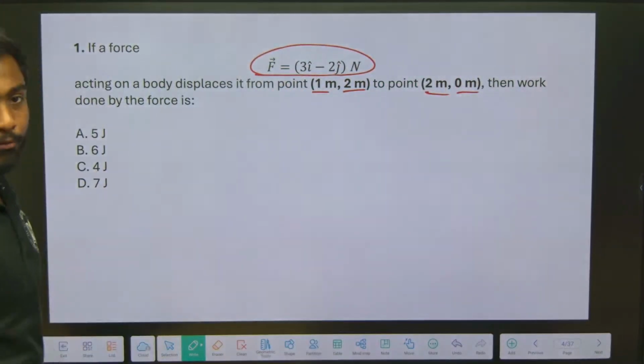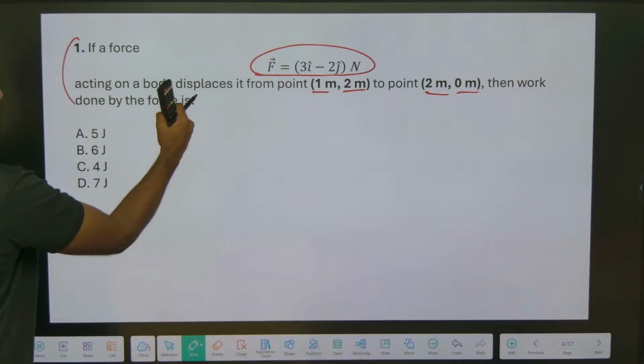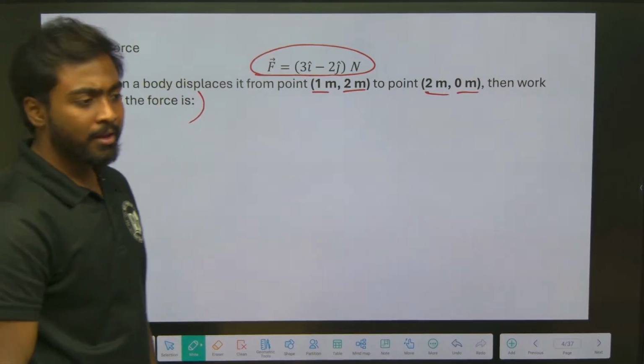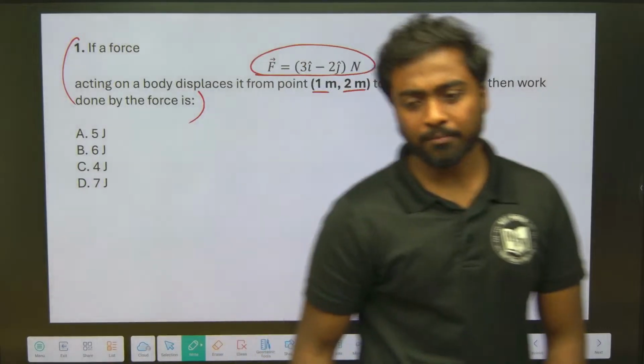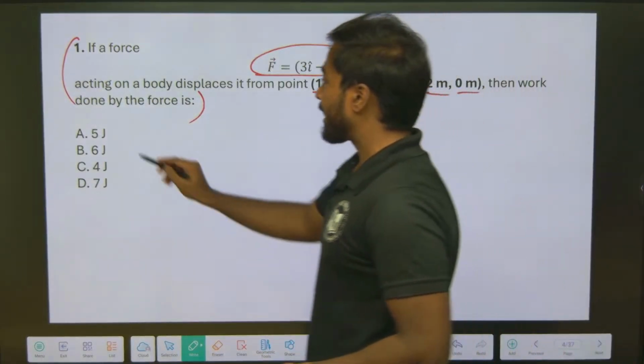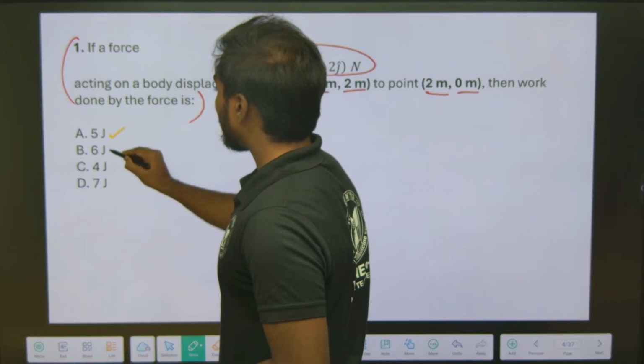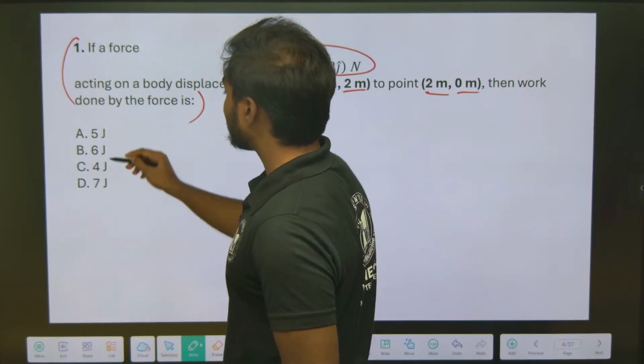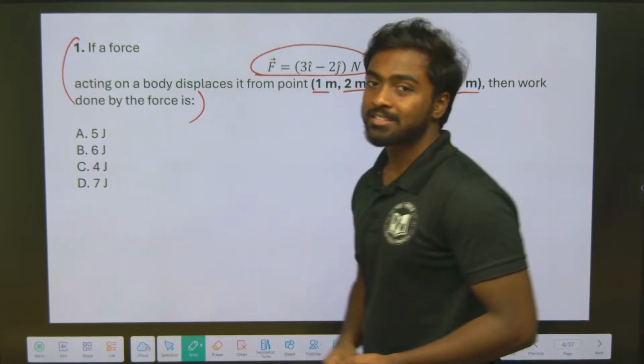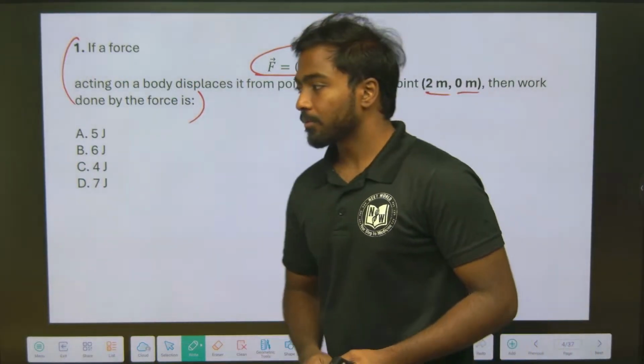Then what is the work done by the force? Options: A is 5 joules, B is 6 joules, C is 4 joules, and D is 7 joules. Which is the correct option?